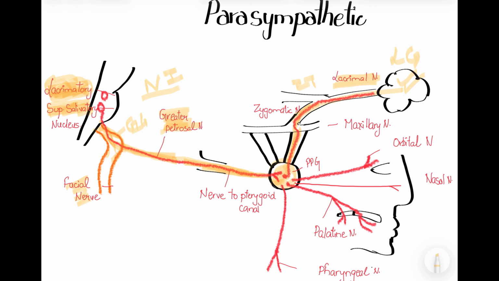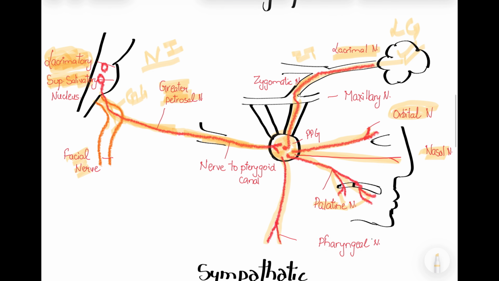Apart from that, the fibers also supply secretomotor fibers to the orbit via the orbital nerves, to the nasal cavity via the nasal nerves, to the hard palate and soft palate via the palatine nerves, and to the pharynx through the pharyngeal branches. So they supply secretomotor fibers to the lacrimal gland, nose, eyes, palate and pharynx.